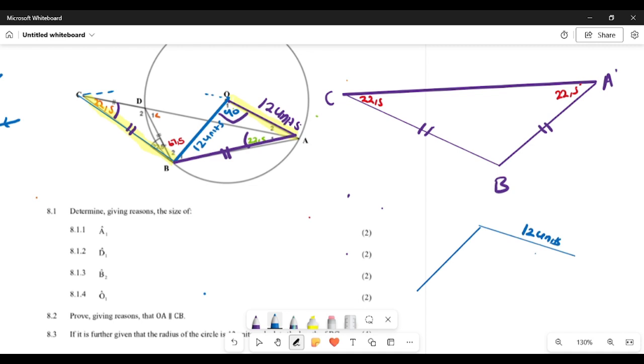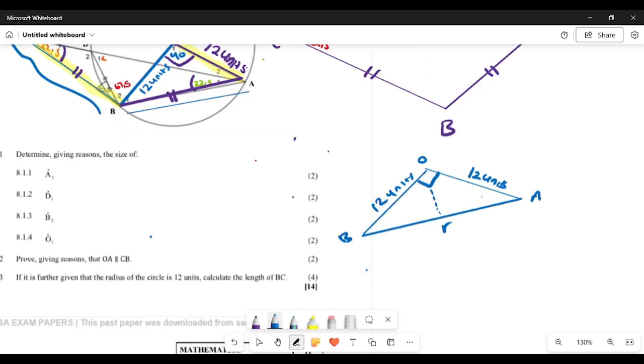So now this is 90 degrees, right? And remember, in a right angle triangle, whenever you're trying to solve for a side, what is it that you're going to use? The theorem of Pythagoras. Now, this line is opposite to 90 degrees, meaning that this would be my hypotenuse, right? So r squared is equal to x squared plus y squared. So my value of r is the square root of 12 squared plus 12 squared.